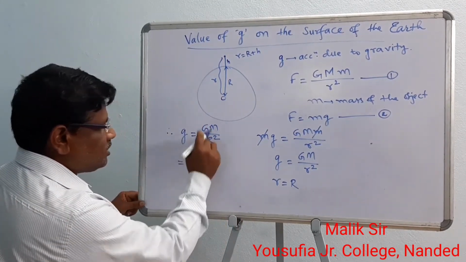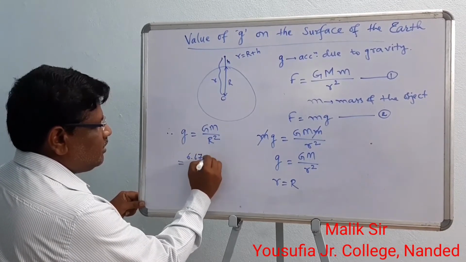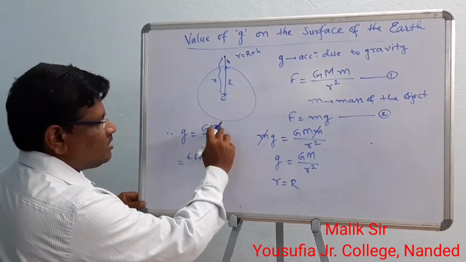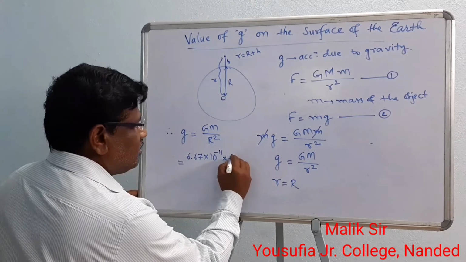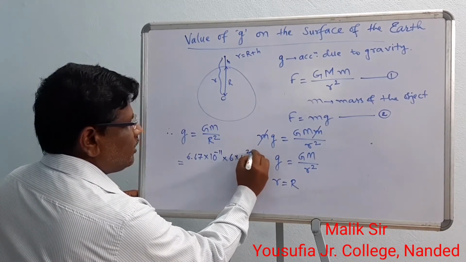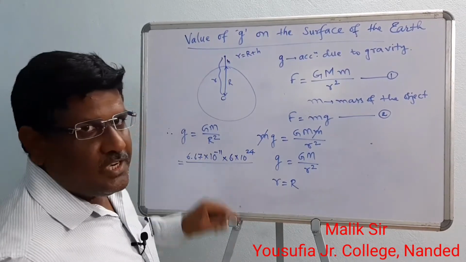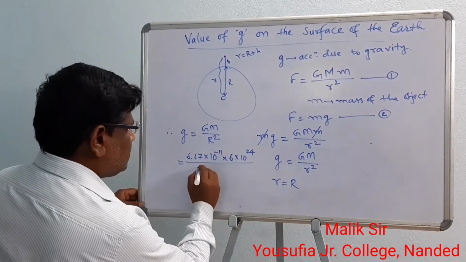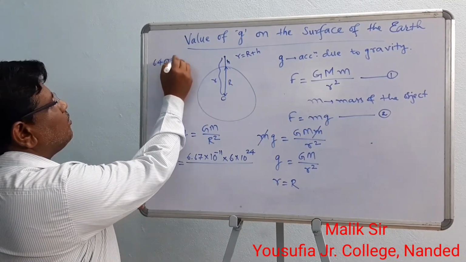If we put the values here, capital G is 6.67 multiplied by 10 raised to minus 11, multiplied by the mass of the earth, which is 6 into 10 raised to 24, divided by R square, meaning the radius whole square. The radius of the earth is 6400 kilometer.